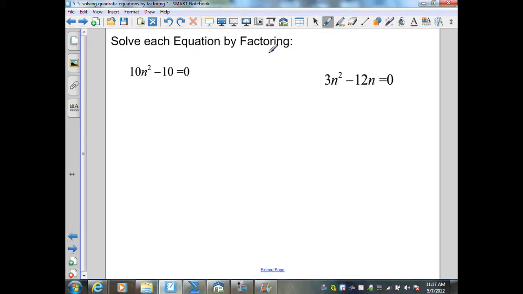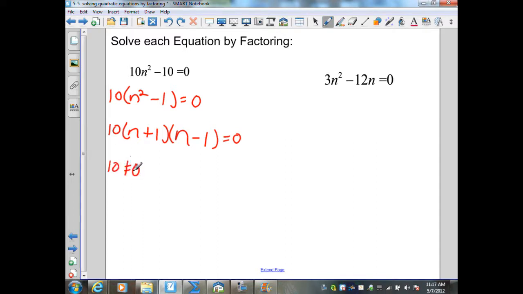Again, I want to solve equations by factoring. I have 10n squared minus 10 equals 0. That's in standard form. I have a GCF. I'll factor out a 10. That leaves me n squared minus 1 equals 0. This is a difference of squares. I bring down my 10, n plus 1, n minus 1, and then I use the zero property. 10 does not equal 0.